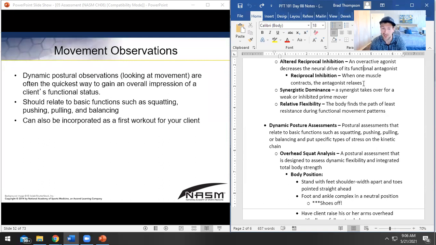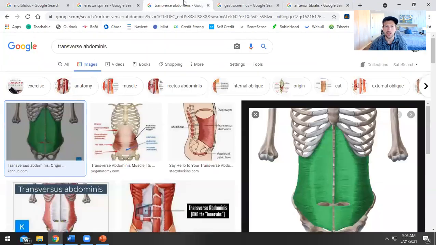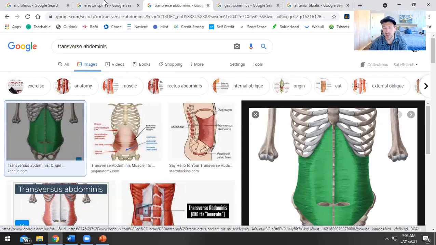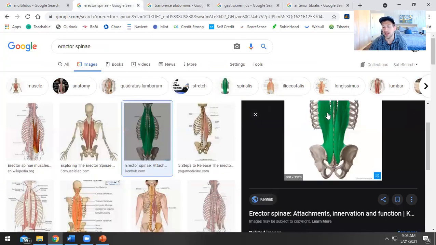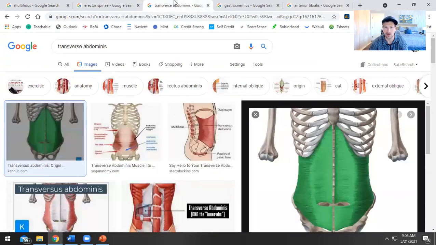We need to finish this, let's say, squat, right? So now some muscle that is supposed to maybe help with squatting is going to take over, and it's going to try to do most of the work, right? So in the case of if we were looking at the transverse abdominis, the erector spinae is really doing more work than it's supposed to. Transverse abdominis is being inhibited.